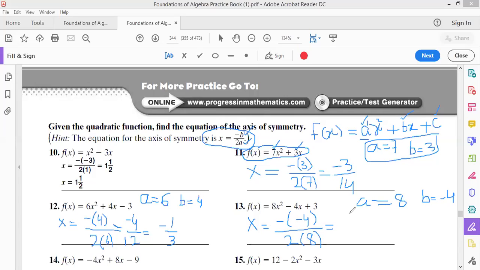Minus minus plus, it will be 4 over 8 times 2, 16. Just simplify it, it will be 1 over 4.